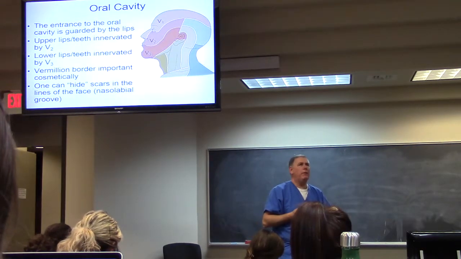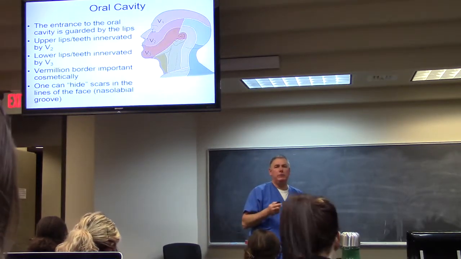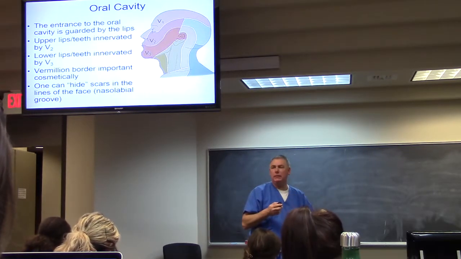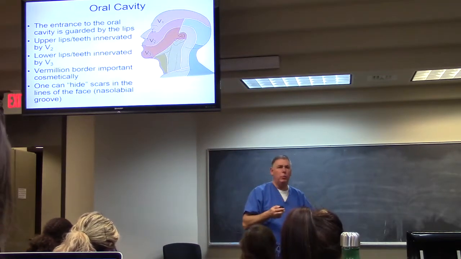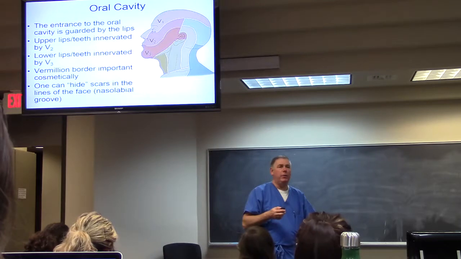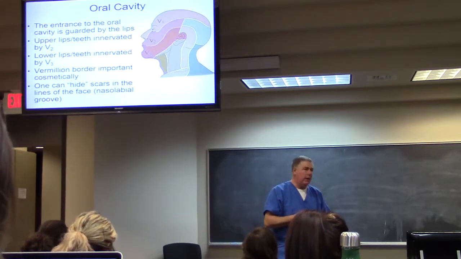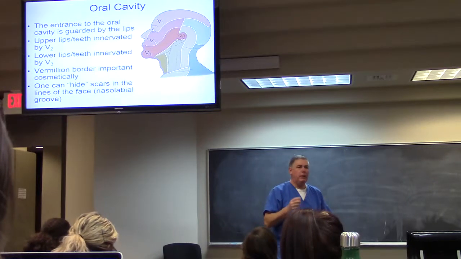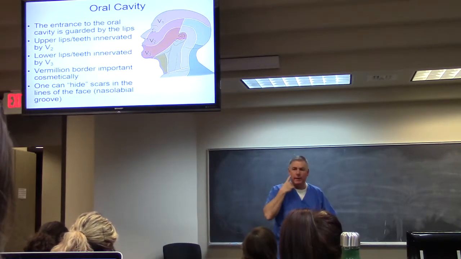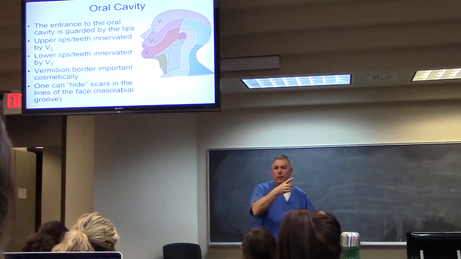The innervation of the area we've been over, but this just re-emphasizes that the V2, the maxillary division, innervates the upper teeth. And it doesn't innervate the teeth as one nerve, like the inferior alveolar, which is part of V3.